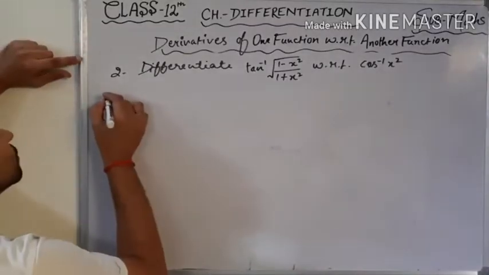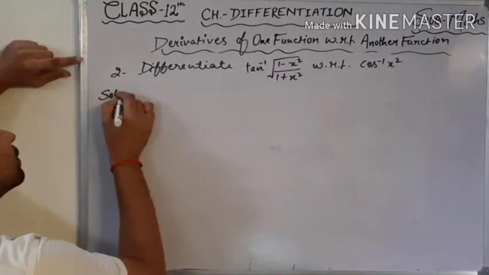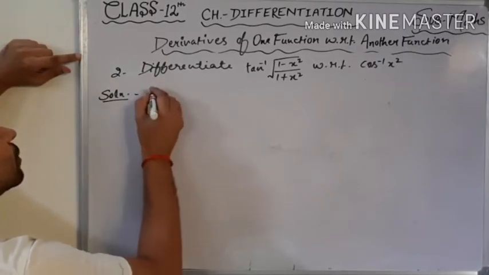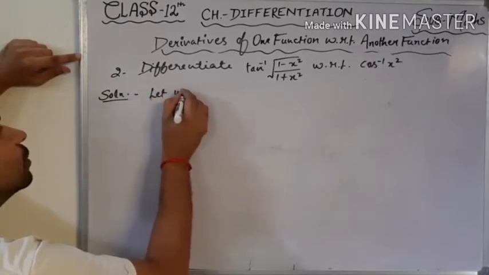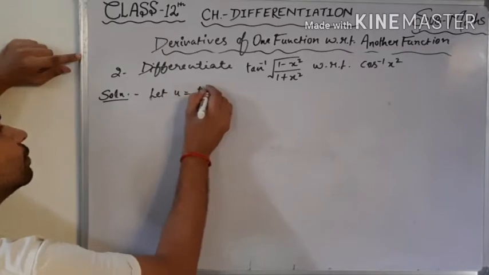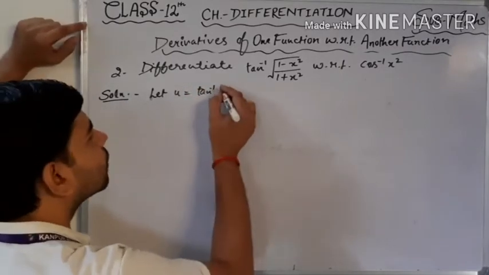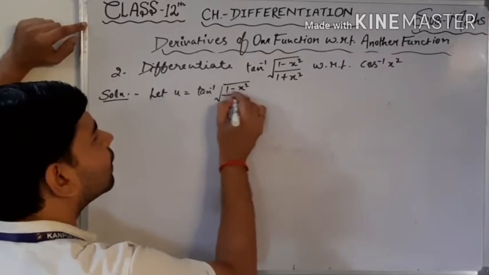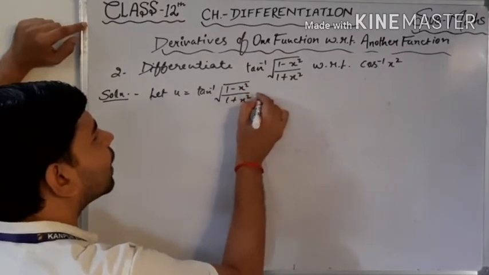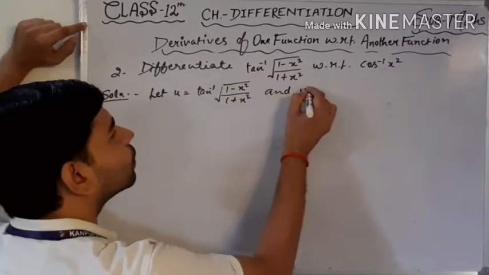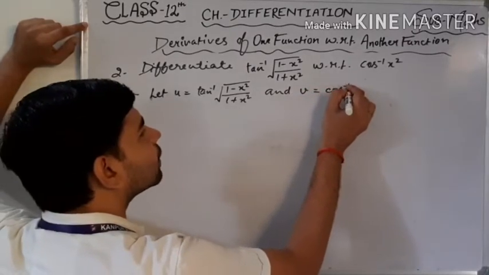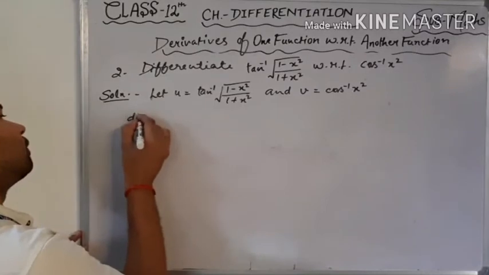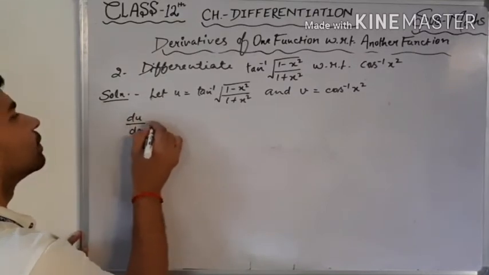So first we will consider, let u equal tan inverse under root 1 minus x square upon 1 plus x square, and v equal cos inverse x square. Find du over dx.